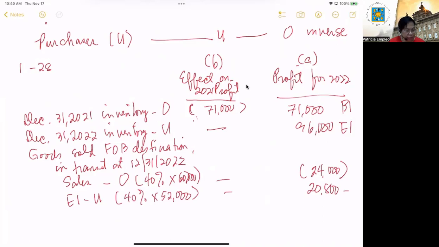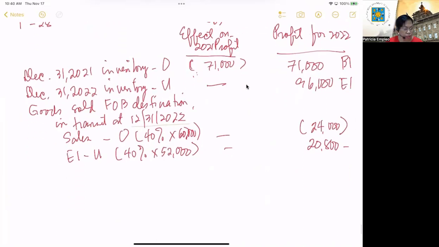Likewise, they should be included in the 2021 ending inventory. Okay, therefore, ending inventory of 2021 is correct, but beginning inventory likewise of 2022 is also correct because these items of purchases in 2021 were included in the 2021 ending inventory. But what is erroneous here is purchases.